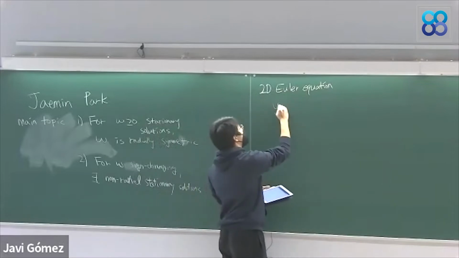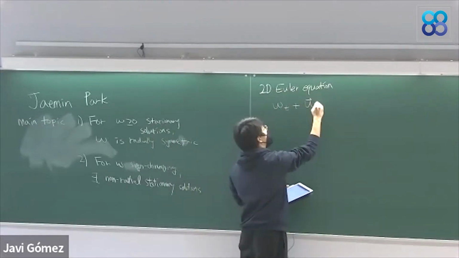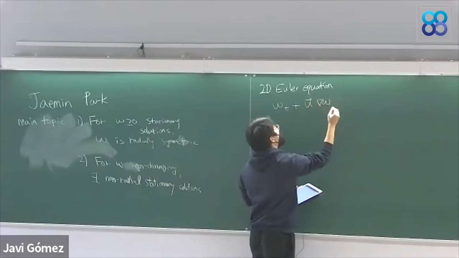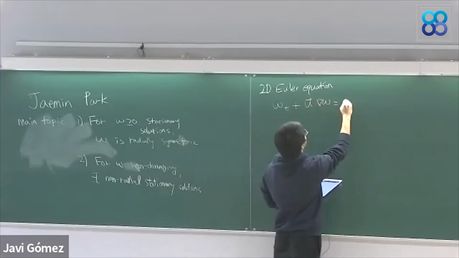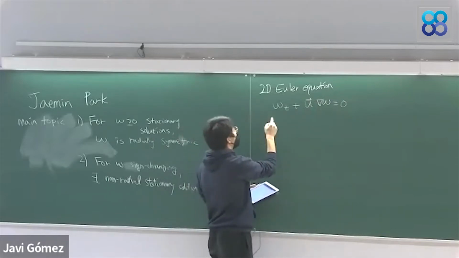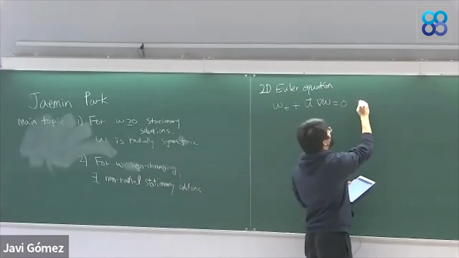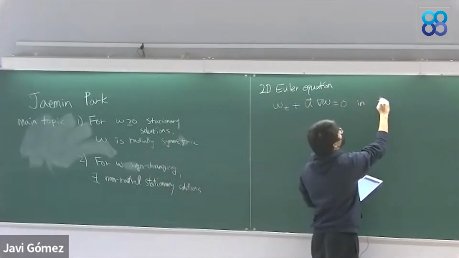The equation reads as omega t plus the vector field u dot gradient omega equals 0. So we have a transport equation. The omega is a scalar valued function. And we consider this equation in the following domain.